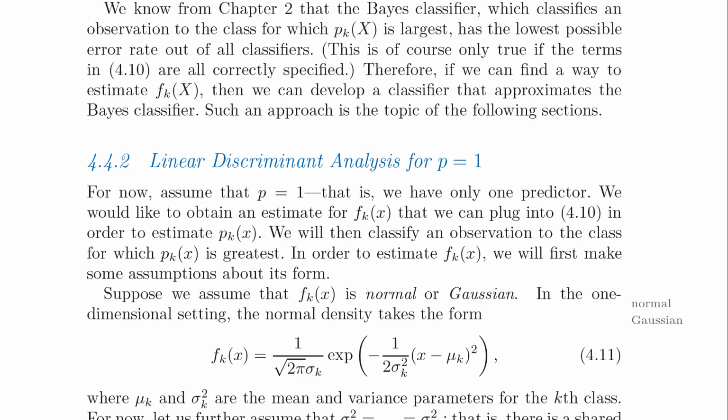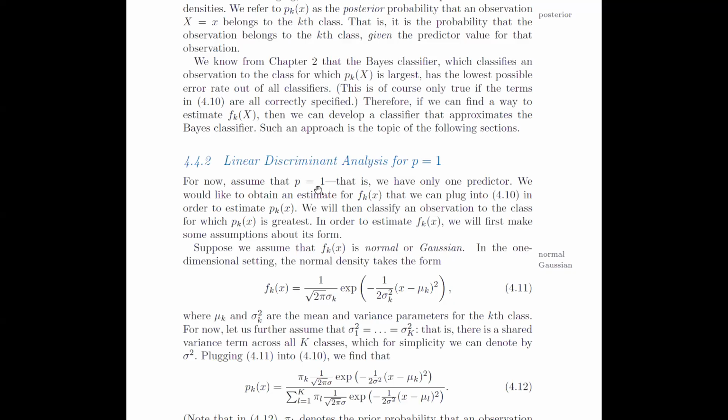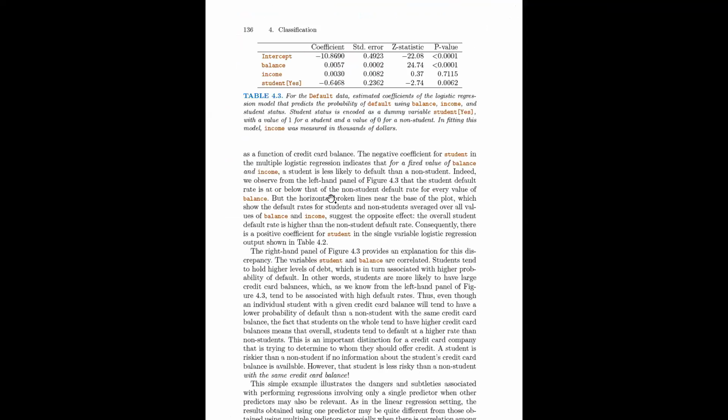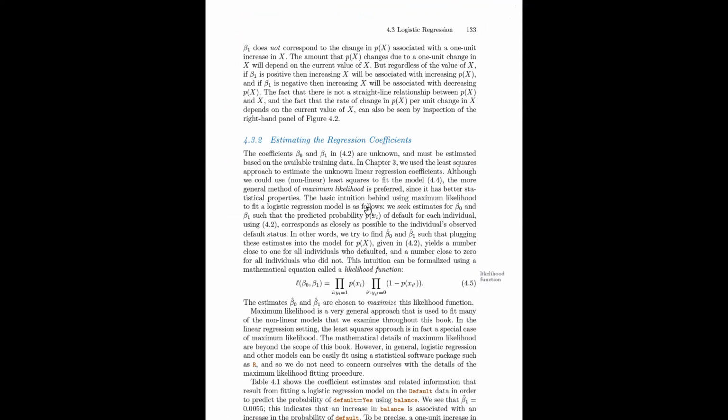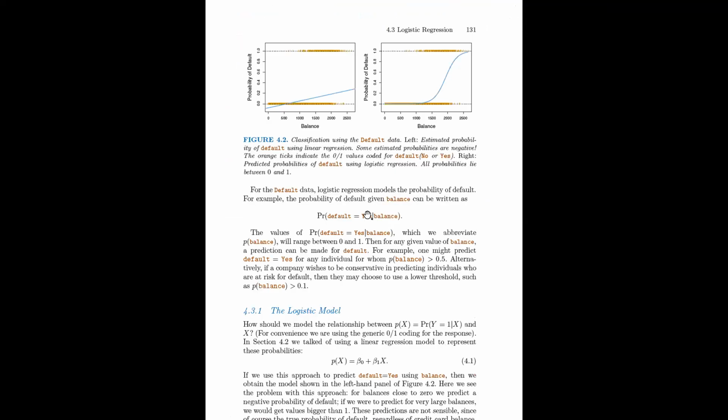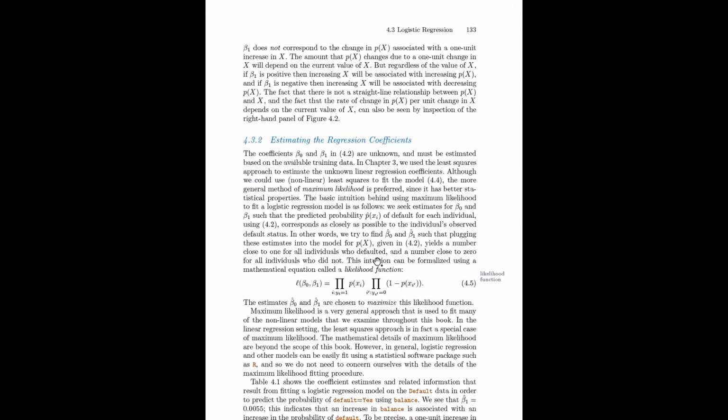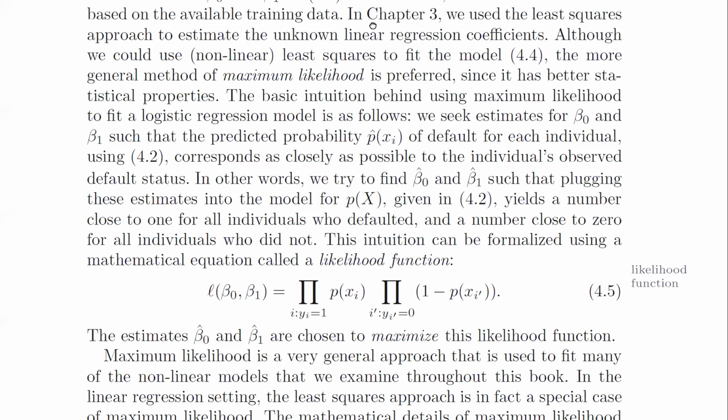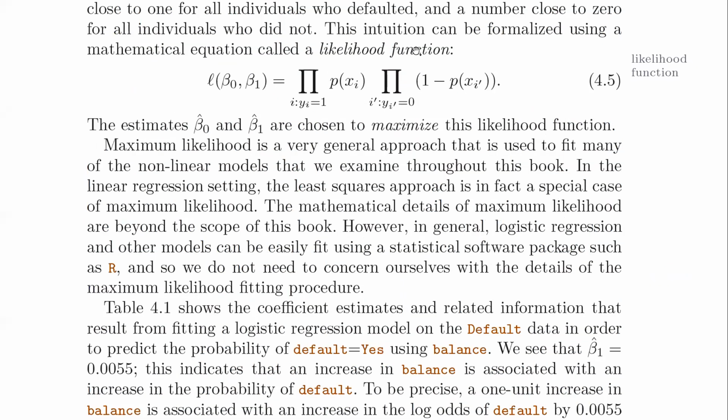So just to take a step back and see what we've covered so far. In logistic regression, we estimated betas based on the so-called likelihood function, but the book does not go into the specific calculation of maximizing the likelihood function.